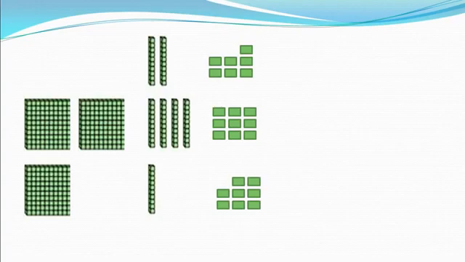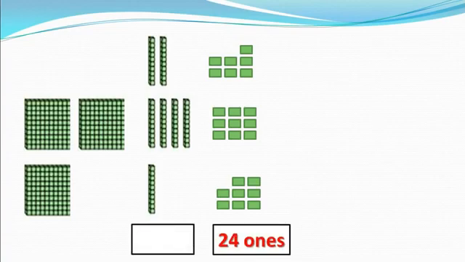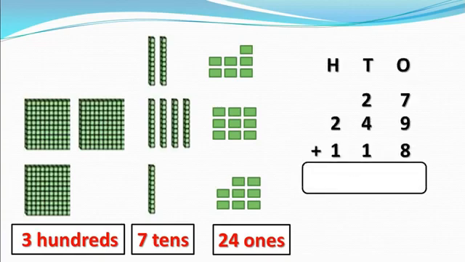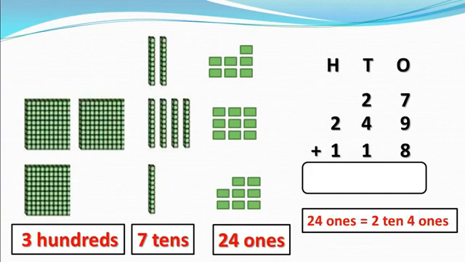Now add them. Start with ones. There are 24 ones altogether, 7 tens and 3 hundreds. There are 24 ones, but we cannot write 24 in the ones column. 24 equals 2 tens, 4 ones. So here we convert 24 into 2 tens, 4 ones.